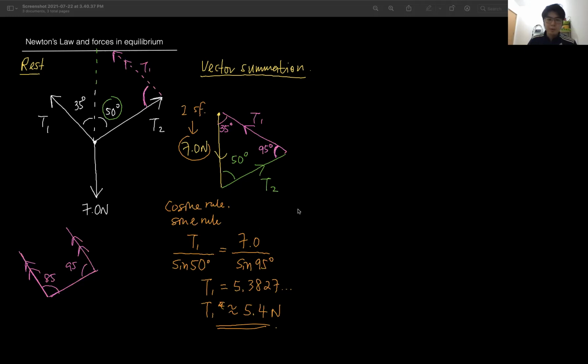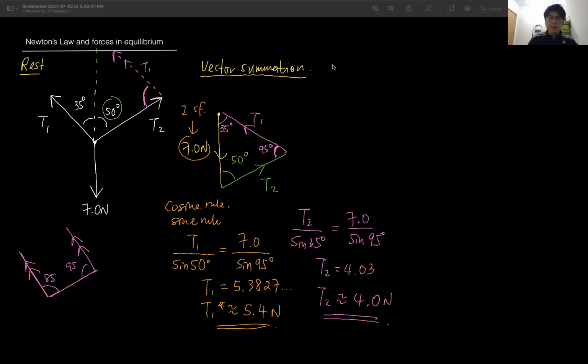T2 over sine of the opposite angle, which is 35, equals to 7 over sine 95. T2 equals 4.03. Again, two significant figures, so T2 approximates to 4.0 Newton. That's solving using vectors.